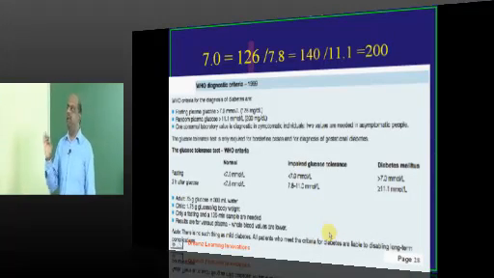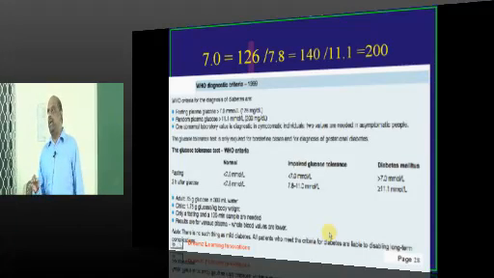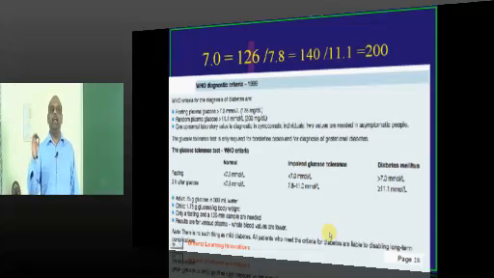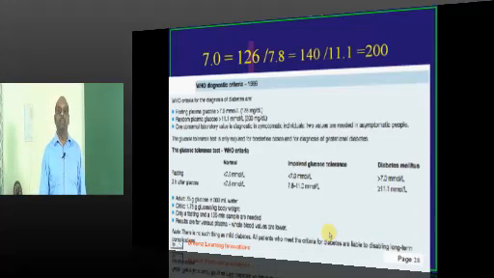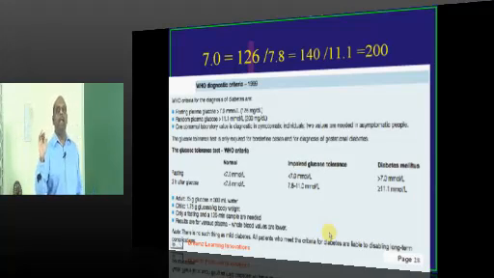Now, one of the favorite questions of the examiner: what are the WHO criteria that you need to remember in order to make a diagnosis of diabetes? The three lucky numbers which you should not forget are 126, 140 and 200 milligrams per deciliter.